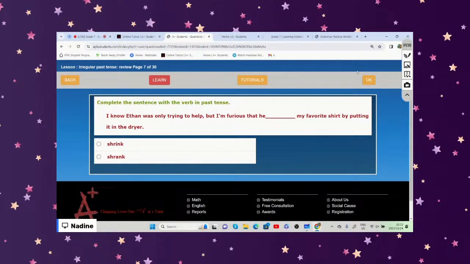So if we choose the correct one, we can say shrank. So basically, it shrank.